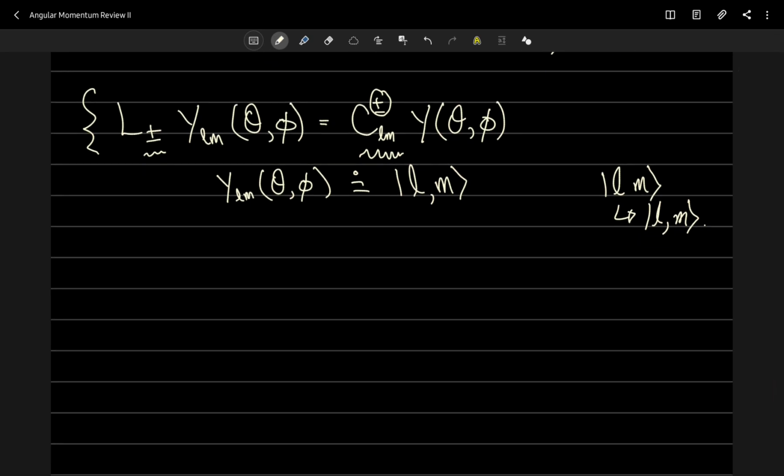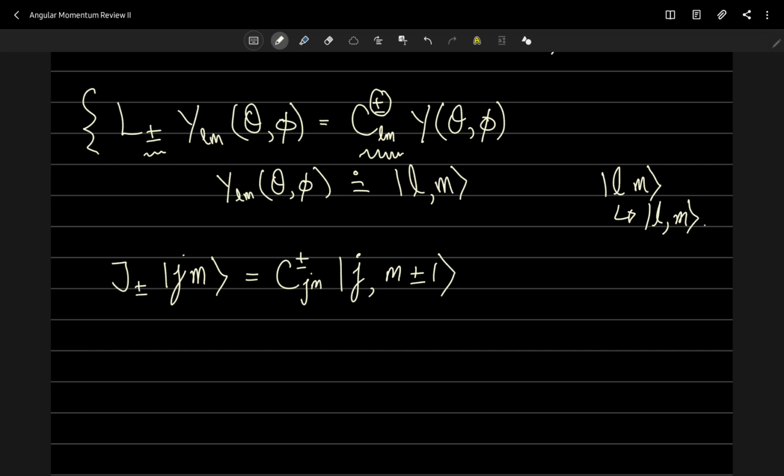So wherever we have L, whether capital or small, we would replace that with J. So then what we have is J plus minus |jm> is equal to C plus minus jm times |j, m plus minus 1>, in a ket.